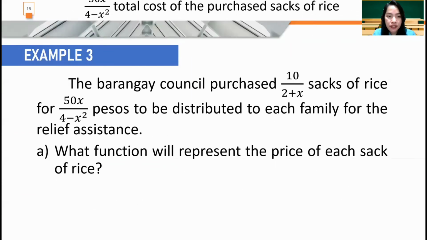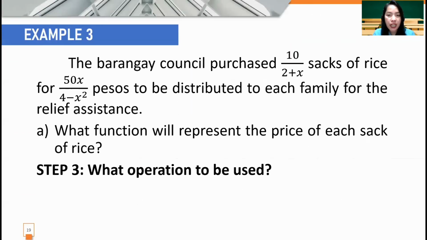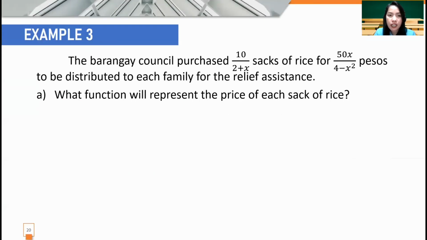For step number 3, what operation to be used? Since na ang tinatanong ay yung presyo ng kada sako ng bigas, so ang gagamitin natin from the keyword each, gagamit tayo ng operation na division. For step number 4, write a number sentence.